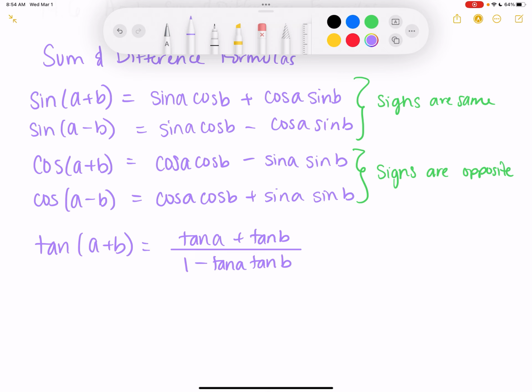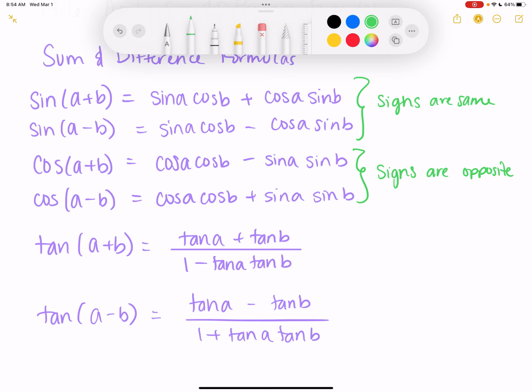And then tangent of A minus B is tangent of A minus tangent of B over 1 plus tangent of A, tangent of B. So the top sign is the same. Bottom sign is opposite.